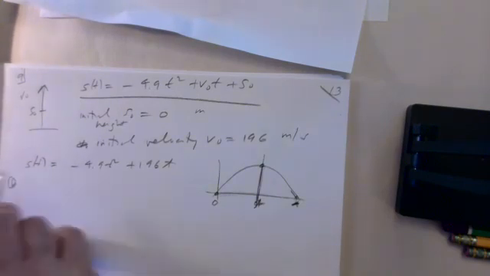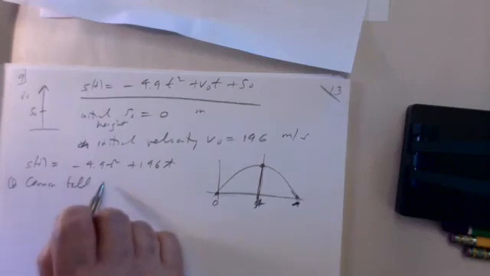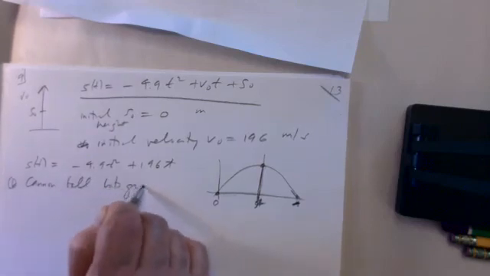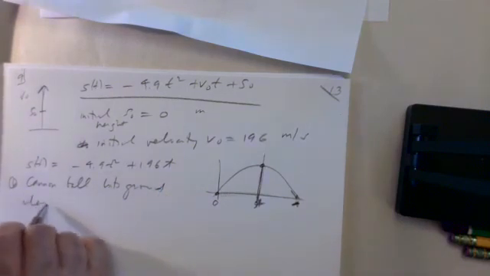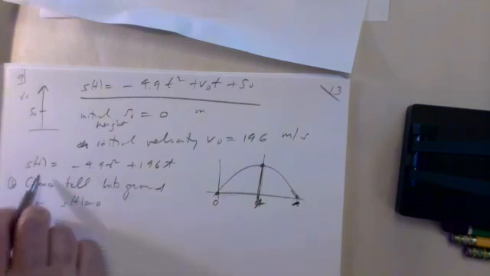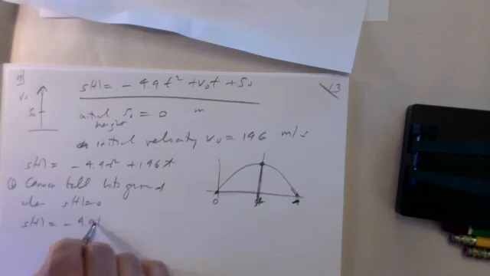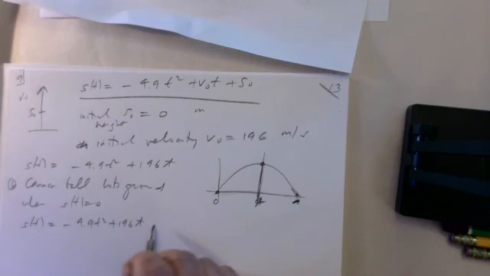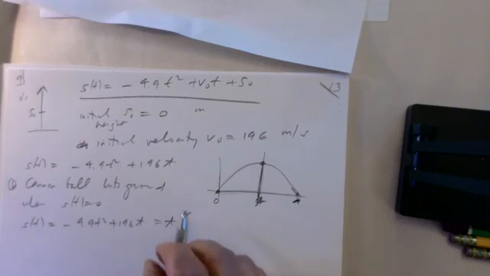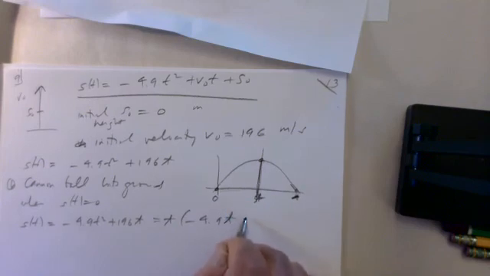When does the cannonball hit the ground? The cannonball hits the ground at time t when s of t equals 0. s of t is minus 4.9 t squared plus 196 t. If I factor a t out of that, it's minus 4.9 t plus 196 times t.